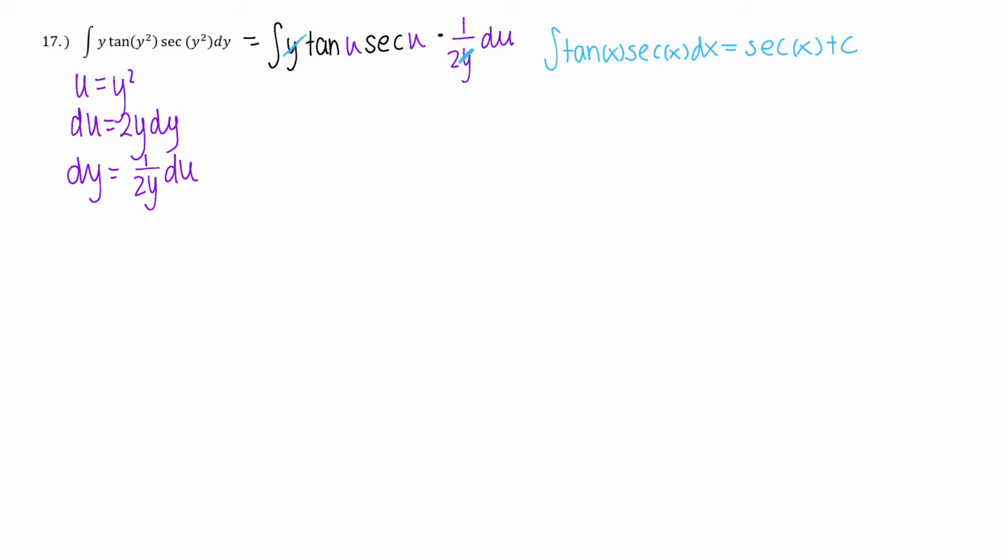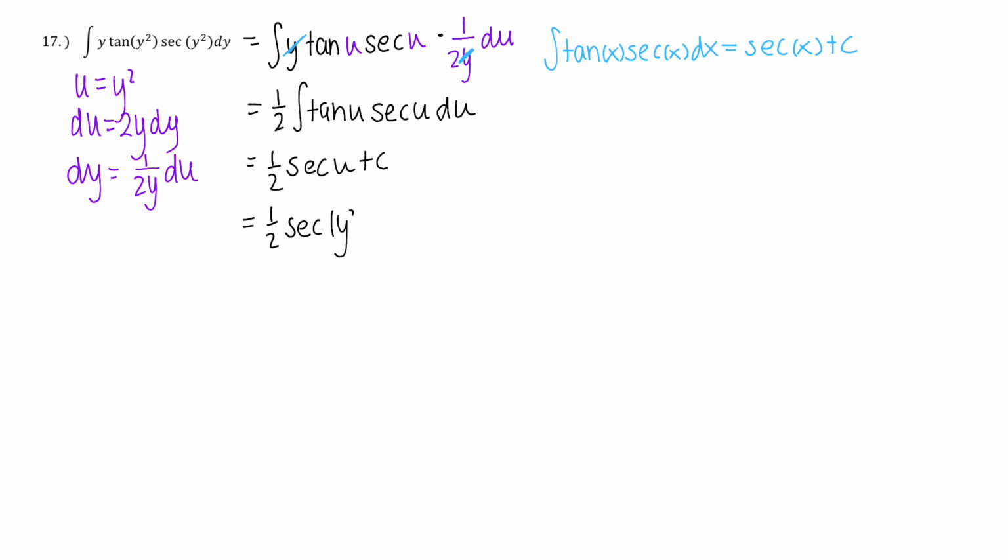This y and this y down here will cancel, and I will bring that 1/2 out front. Tangent u, secant u, du. That integrates to secant u plus c, so 1/2 secant u plus c. And that'll be 1/2 secant of y squared plus c.